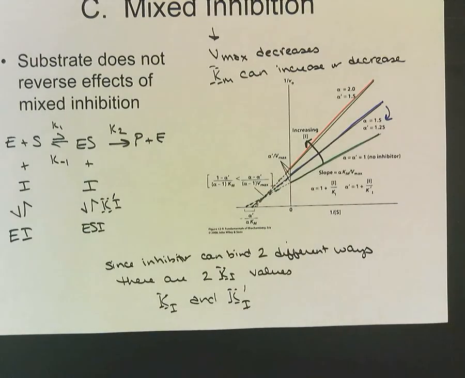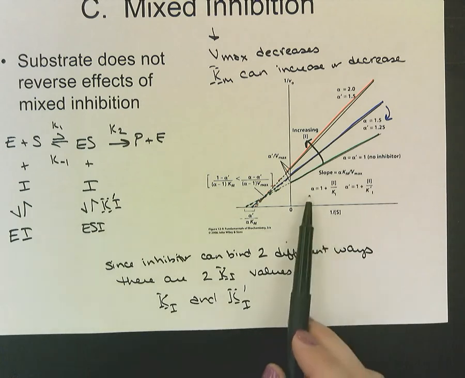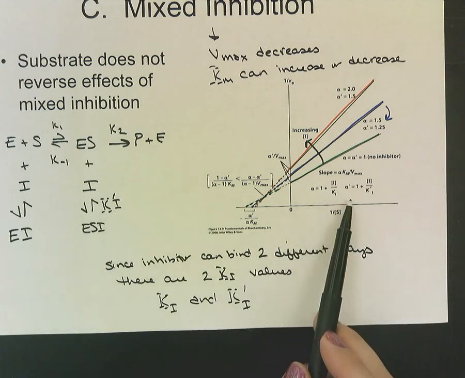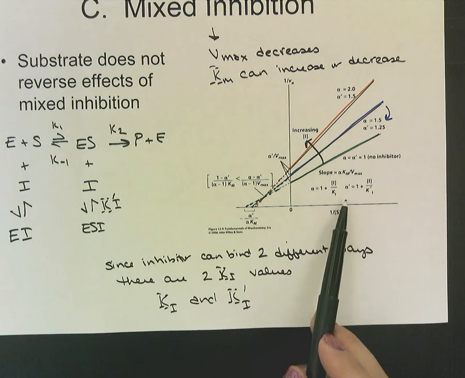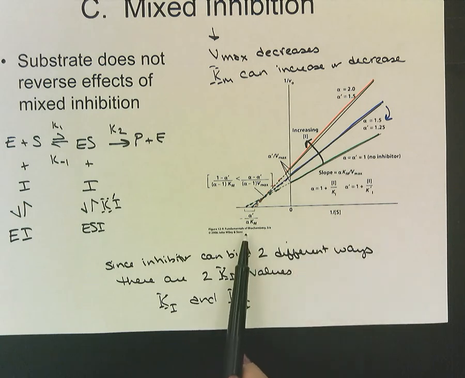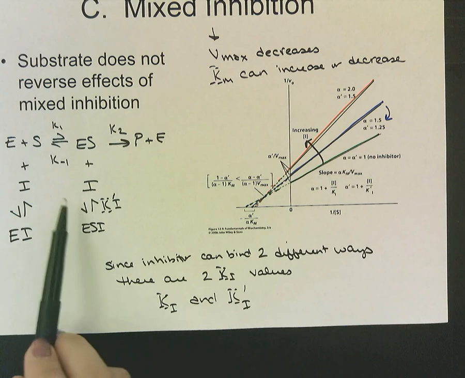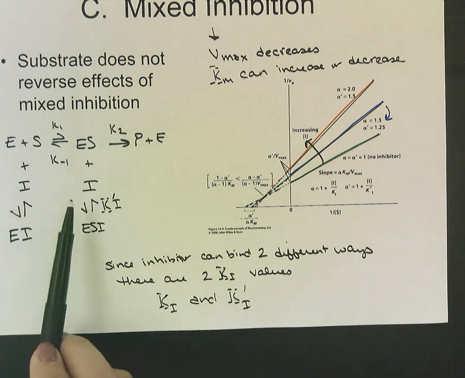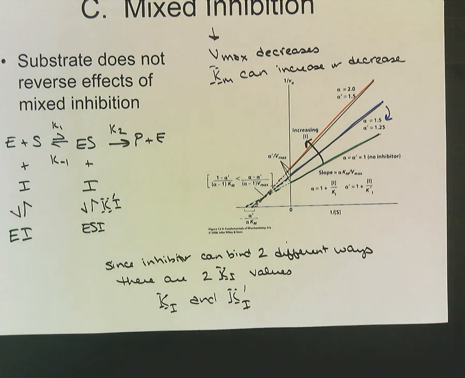But the Michaelis-Menten constant can increase or decrease, depending on the ratio of alpha to alpha prime. Because Km is down here, it's our x-intercept, and it's equal to alpha prime over alpha times the Michaelis-Menten constant. And so depending on that ratio, that Km value may increase or it may decrease depending on which one of these reactions is happening in predominance.